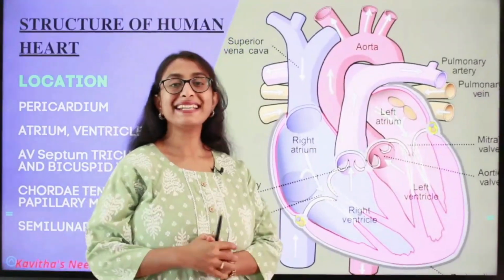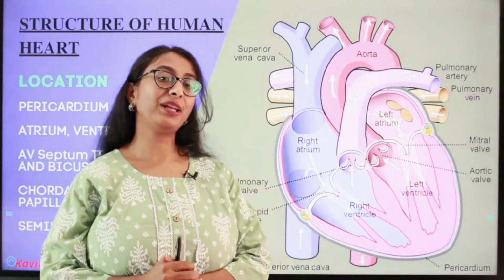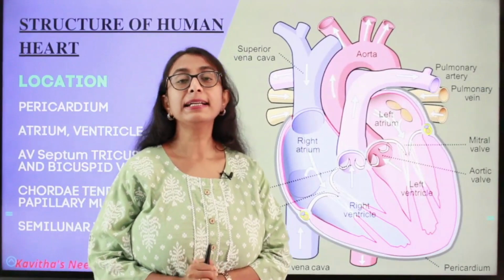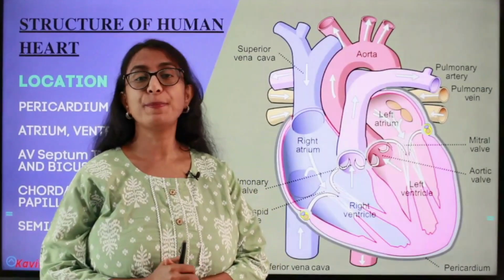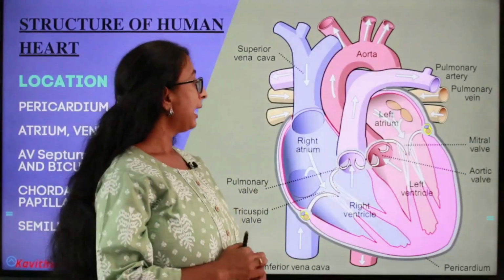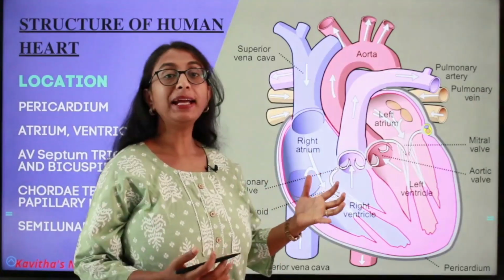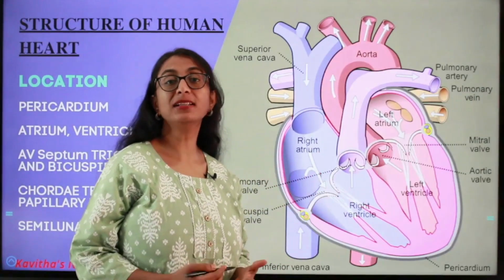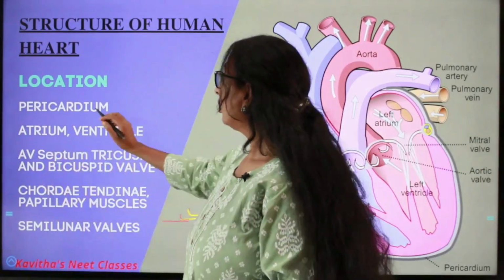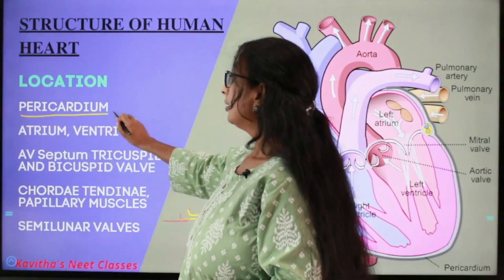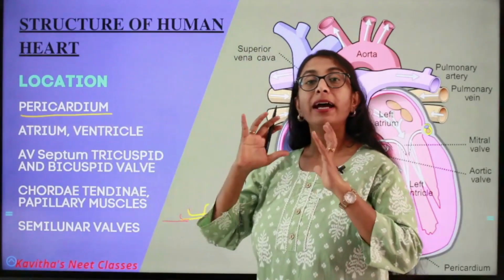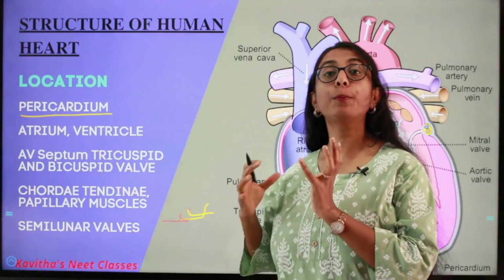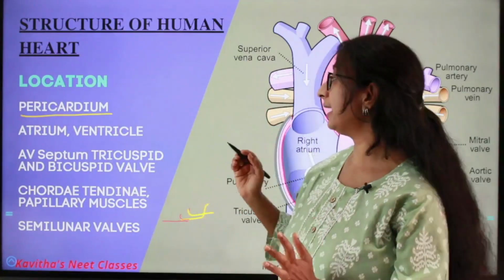Now, let's discuss the structure of the human heart. The heart is a muscular chambered structure, and it is enclosed by a protective covering called the pericardium.